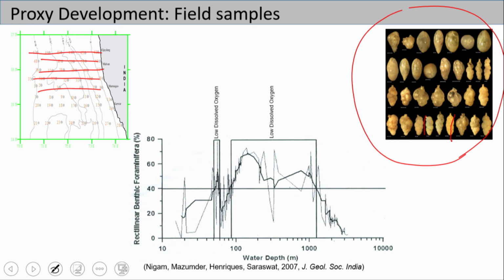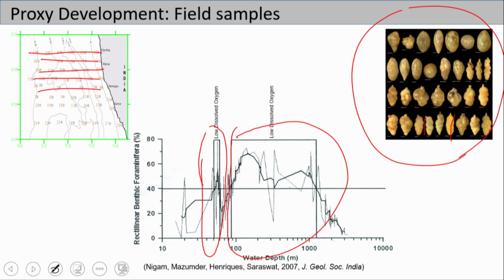So the abundance of these serial forms was calculated and then plotted as per the water depth. Now you can see there are two peculiar peaks in the abundance of the rectilinear forms. One in the shallow water and another from around 120 meters to almost 1200 meters water depth. Now these two zones are the regions wherein the dissolved oxygen is very low.